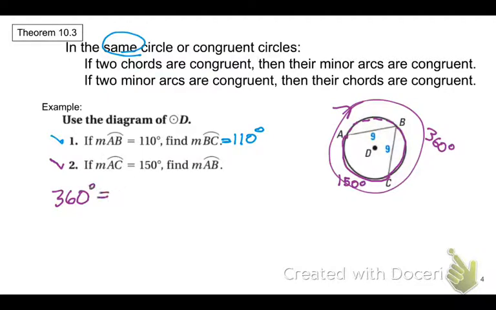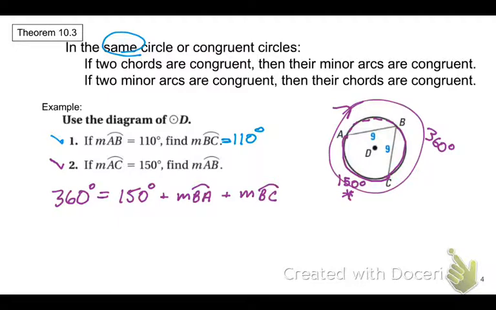So 360 degrees, the whole circle, is equal to what we're given, 150 degrees, plus the measure of arc AB plus the measure of arc BC.